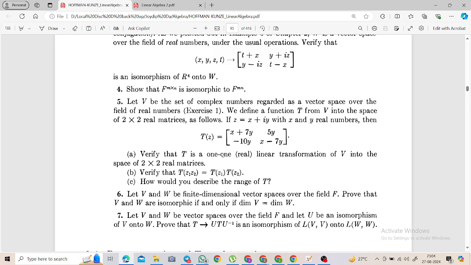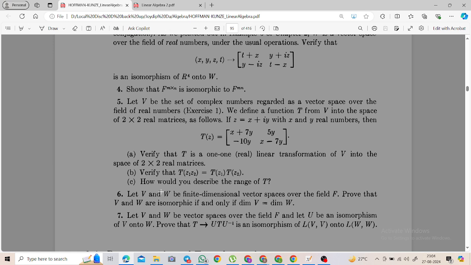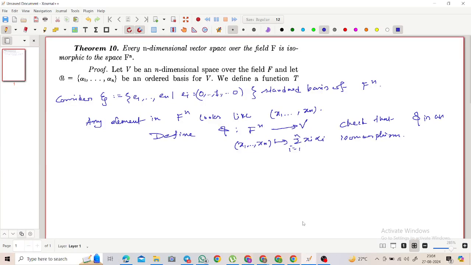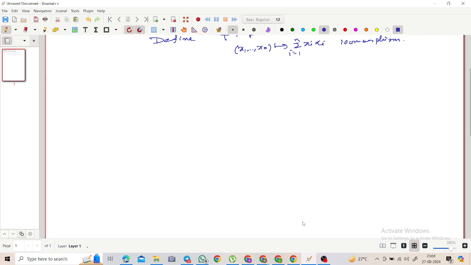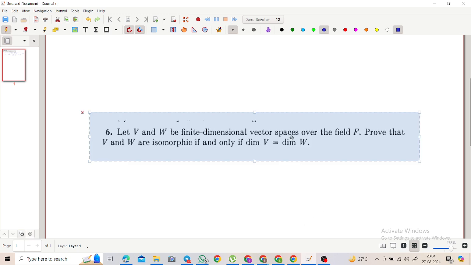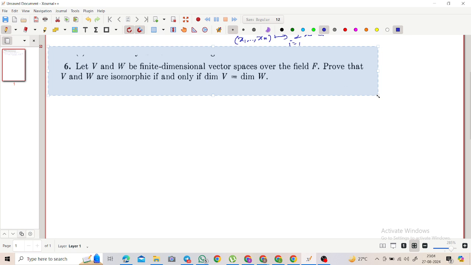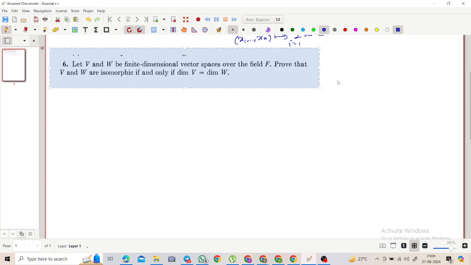Well, she has given a proof. Let's write it down. Prove that V and W are isomorphic. Okay.